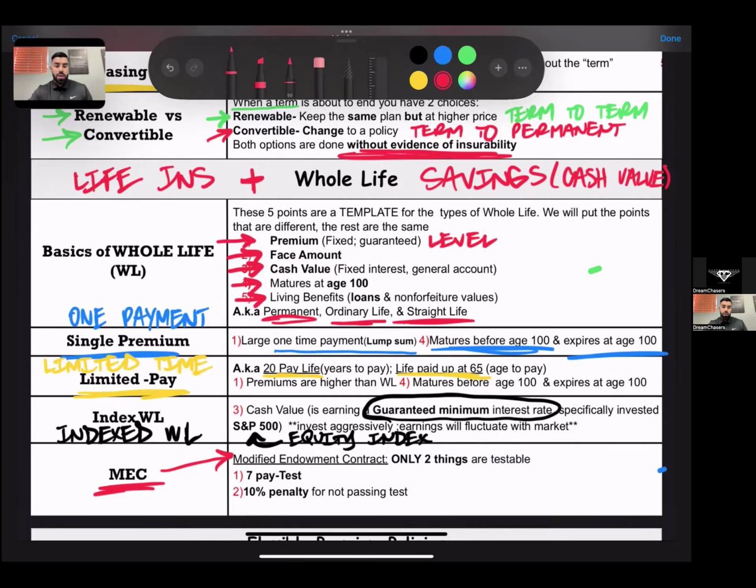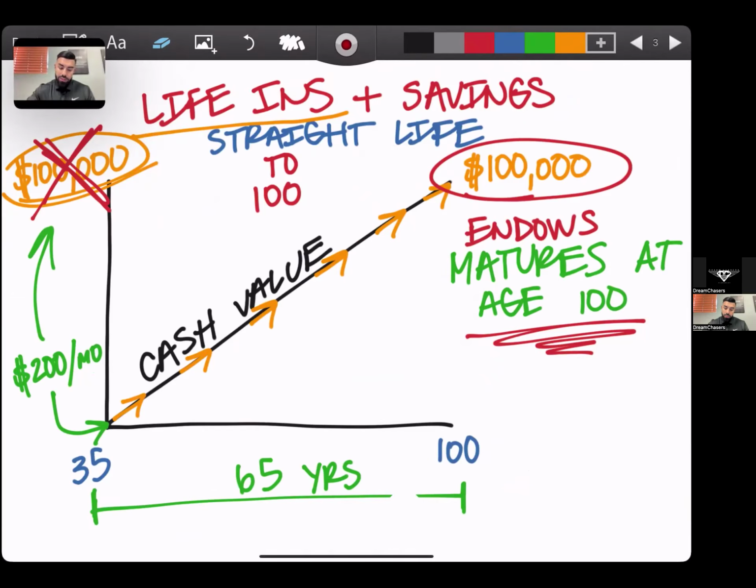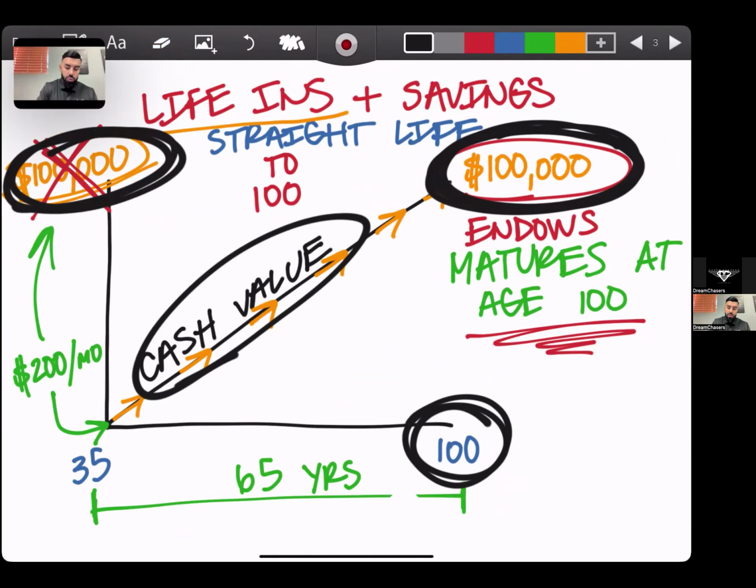Because if we go back to whole life, the ordinary life is you're supposed to have $100,000 of coverage, sorry, $100,000 of cash value when you hit 100 years old, not before that, because you're supposed to accumulate whatever your coverage was by the time you hit 100 years old, and then they cash you out that 100,000.